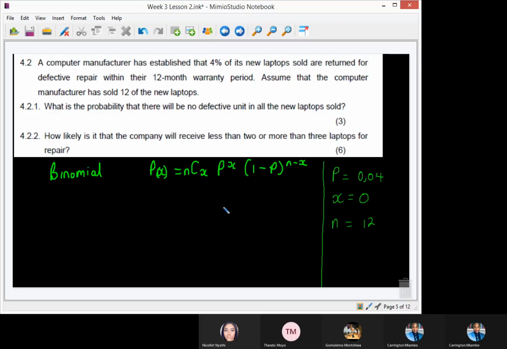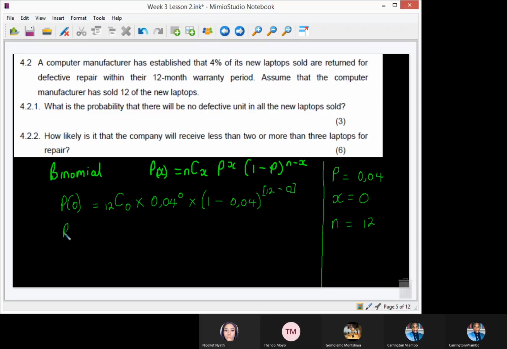We need to substitute. These are easy marks to get. Probability that there will be 0 defective is equal to 12C0, multiplied by our probability, which is 0.04 to the power 0, multiplied by 1 minus 0.04 to the power 12 minus 0. Just like that.